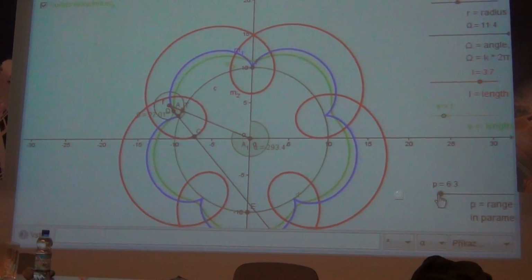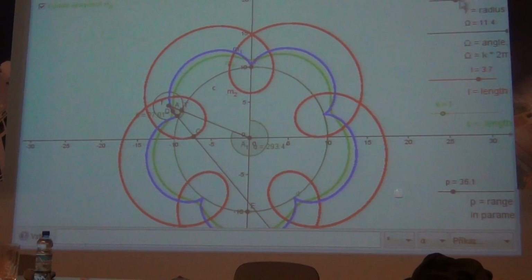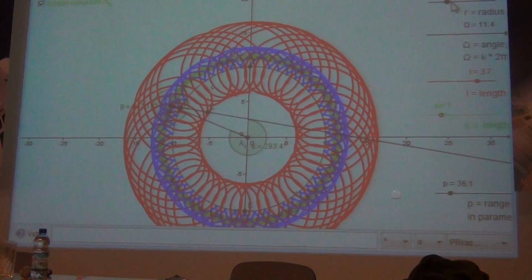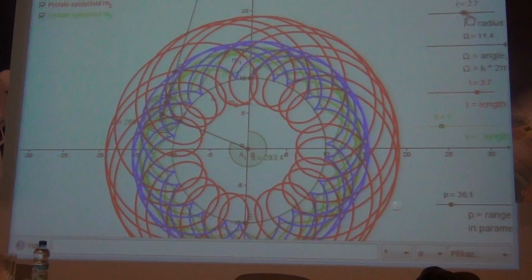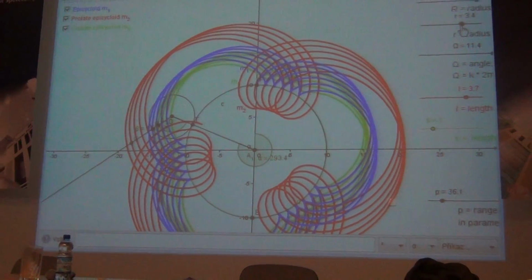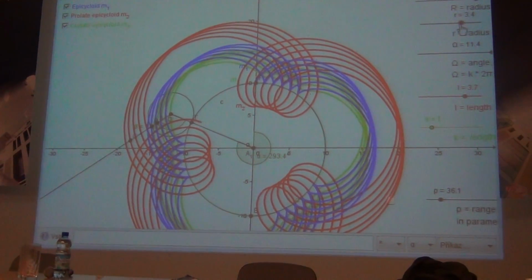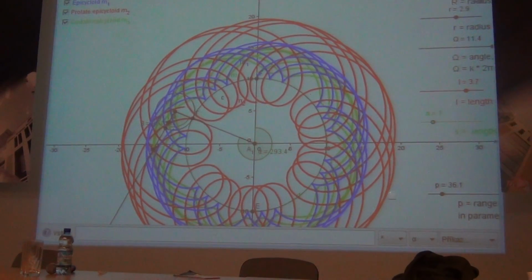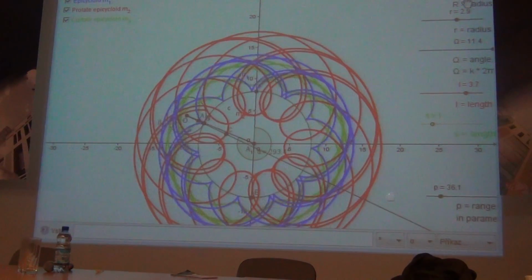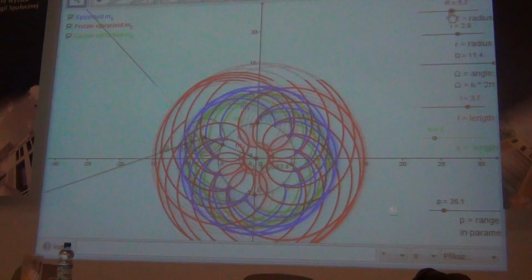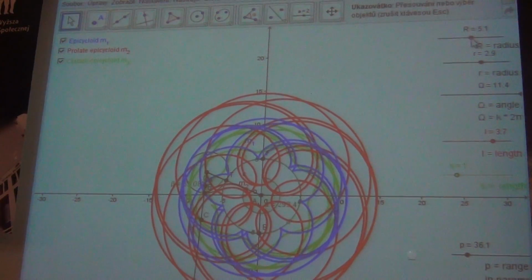So I show you a different example. I change the radius of the circle. Very nice pictures of the path.